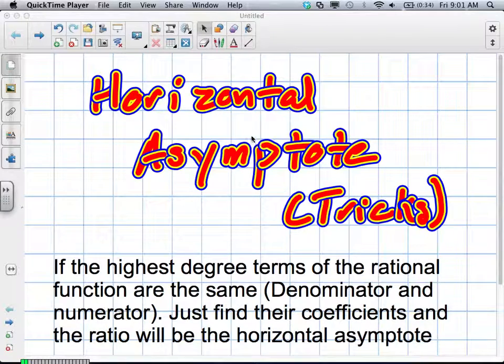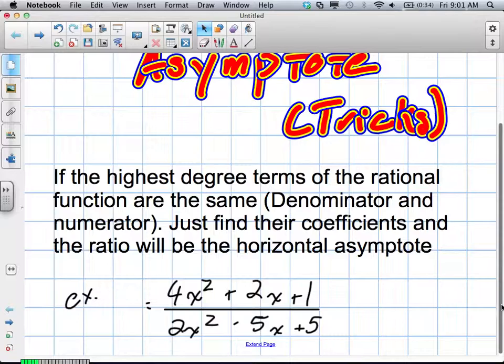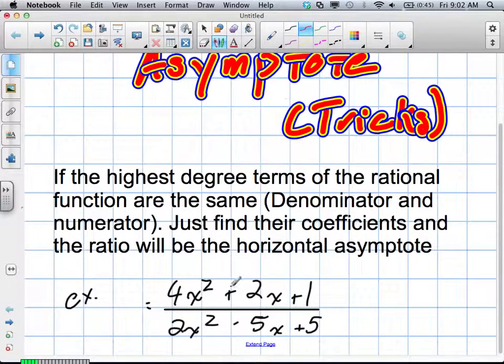Okay, horizontal asymptote tricks. The first one states: if the highest degrees of the rational function, the numerator and the denominator, are the same, just find their coefficients, and the ratio will be the horizontal asymptote. So what that means is our highest degree in the numerator is x squared, and the highest degree in the denominator is x squared.